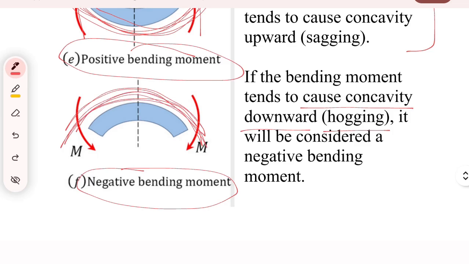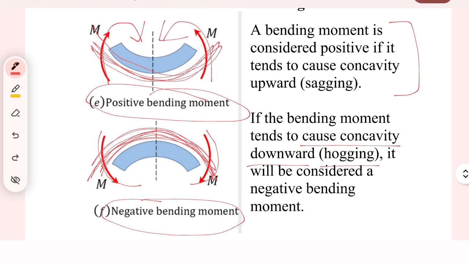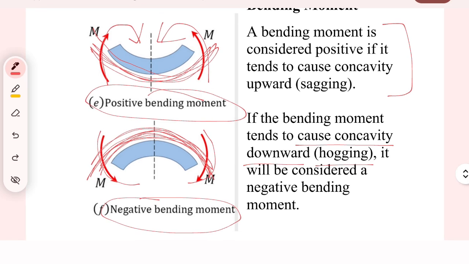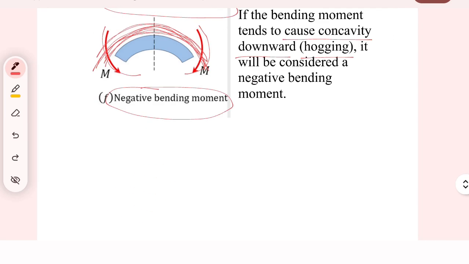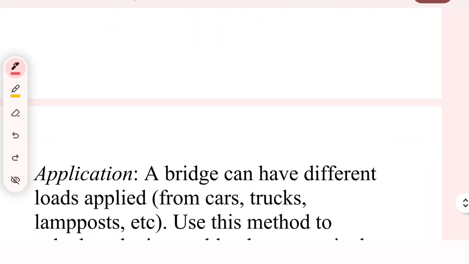Therefore, these moment or bending forces are negative bending moments, because they cause the object to form like this. So you can differentiate what a positive bending moment is and what a negative bending moment is.